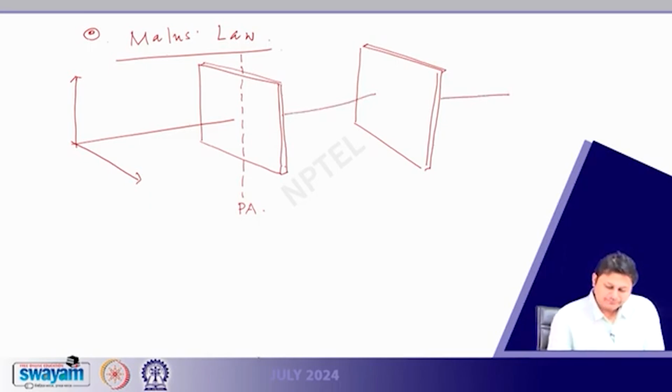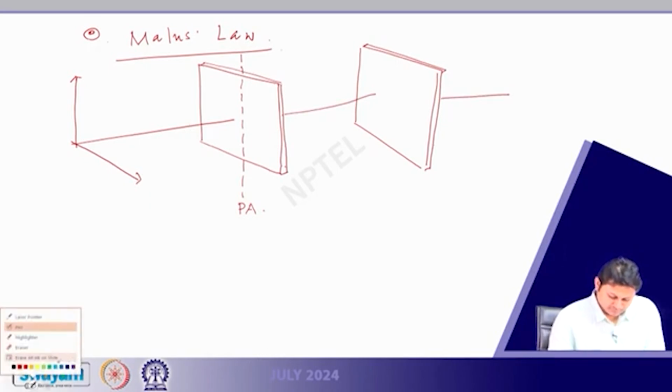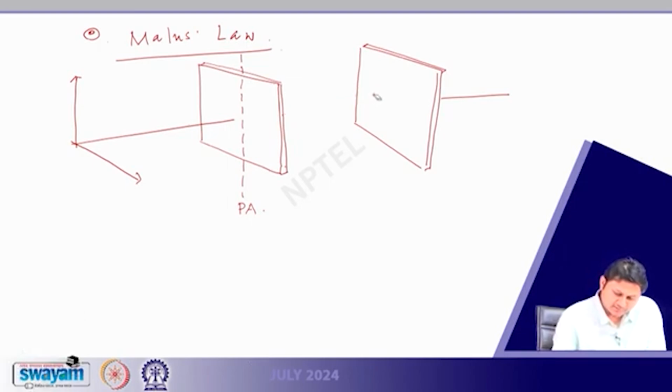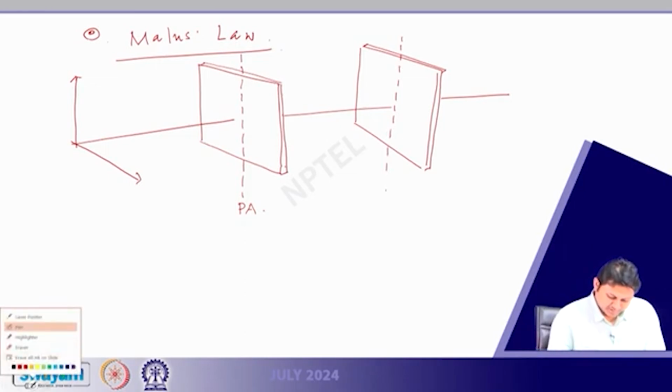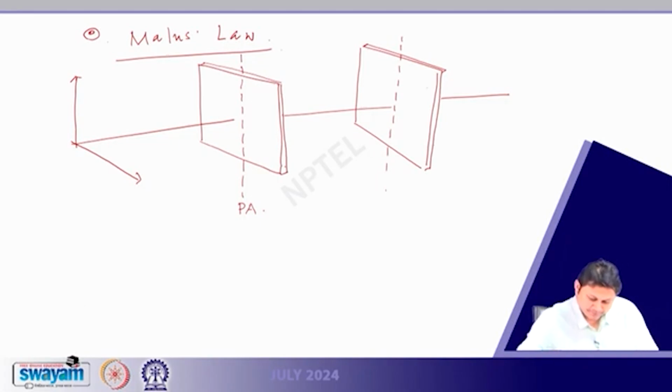Let me draw the pass axis of the analyzer in a different color, maybe in green.